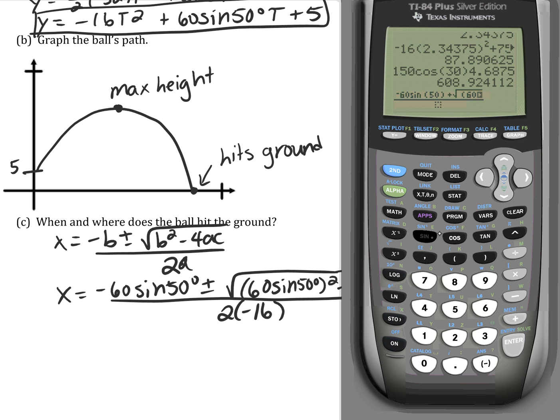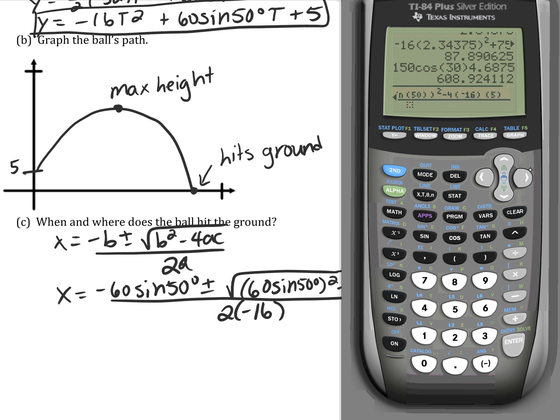So 60 sine 50, put that in parentheses, close two parentheses, squared, minus 4 times negative 16 times 5, over, scroll out, 2 times negative 16.